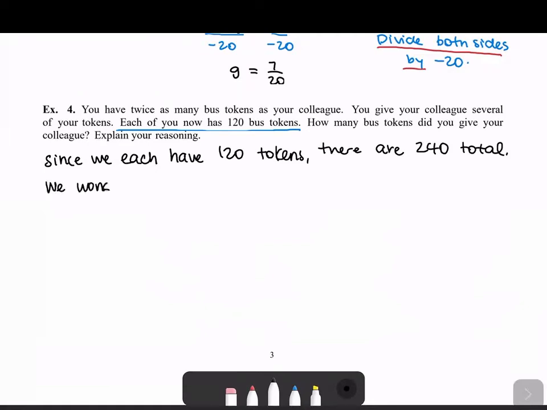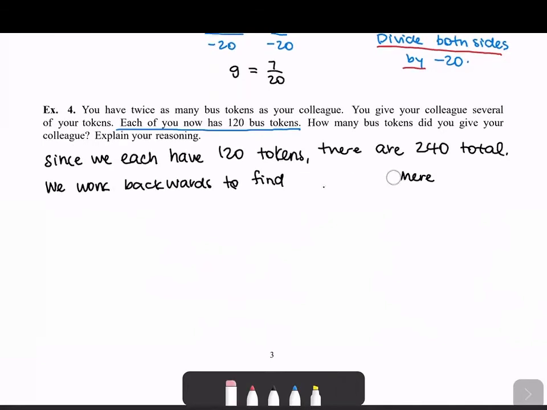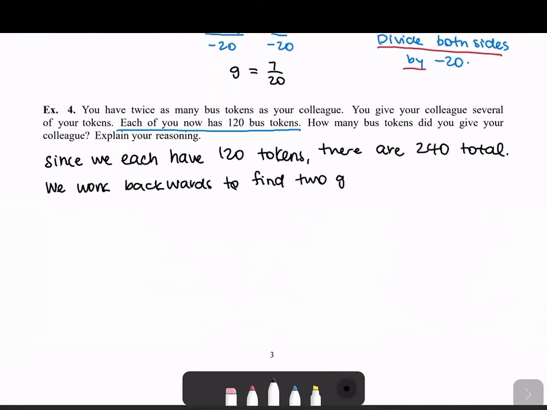So we work backwards to find two groups that add to 240, where one group is twice the other group.